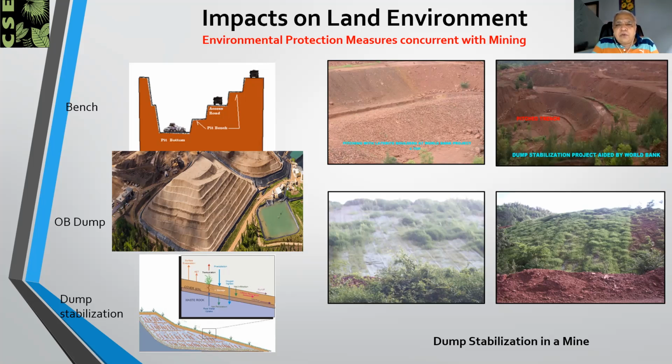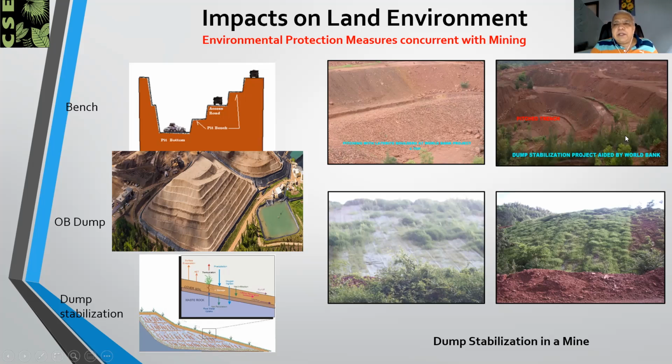Now, various techniques of dump stabilization have been shown here, which include pitching with laterite, so as to ensure that the slopes remain stable. Then, as we can see here, a garland drain is provided at the toe of each dump, so that any water which is washed off during the rain gets accumulated here and does not carry over the suspended matter below.